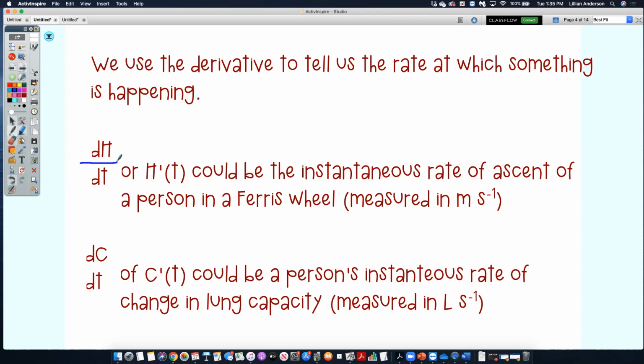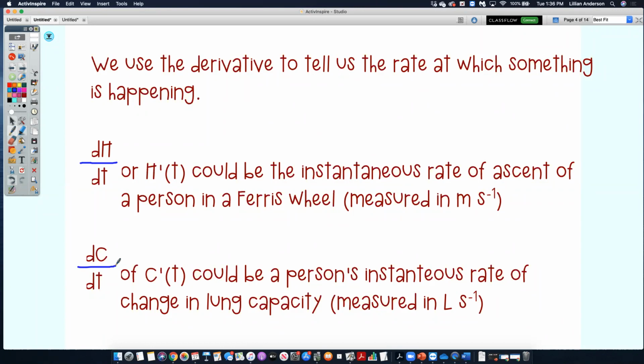Okay? dc over dt, or c prime of t could represent a person's rate of change of lung capacity. Right? So as you breathe, your lungs expand. So however much air they can hold at a particular time, the derivative, if there's an equation that represented that, would indicate the change of a person's lung capacity over time.